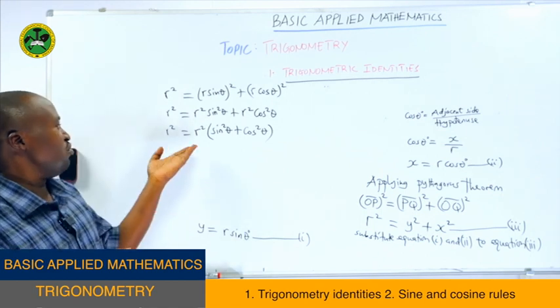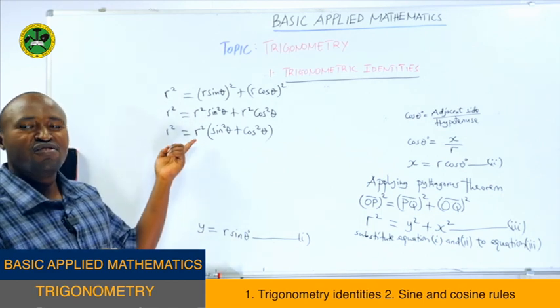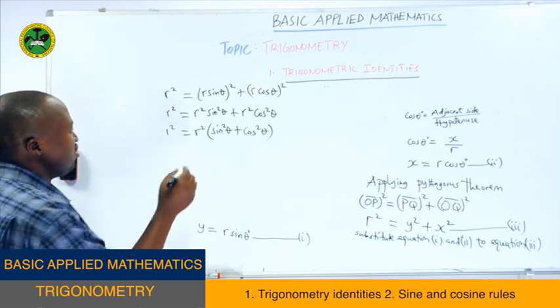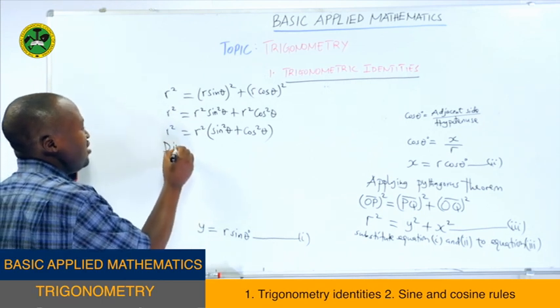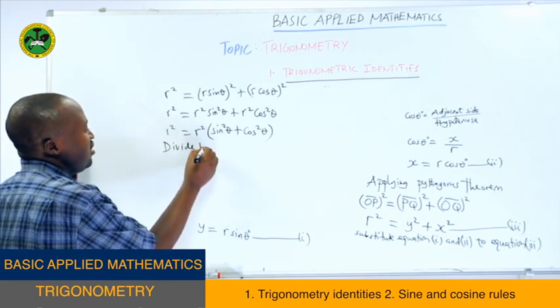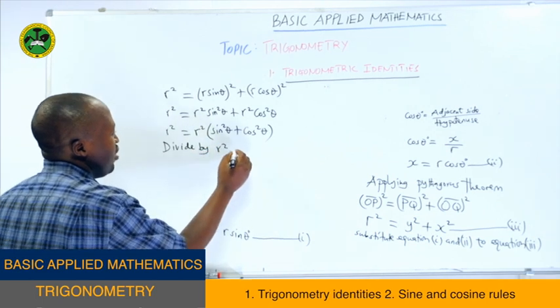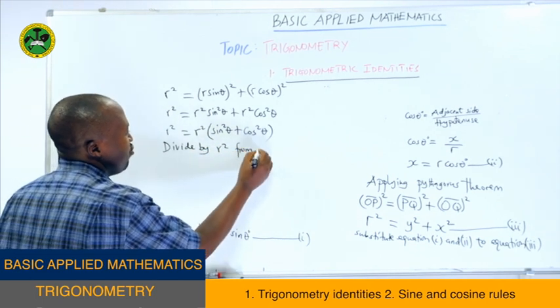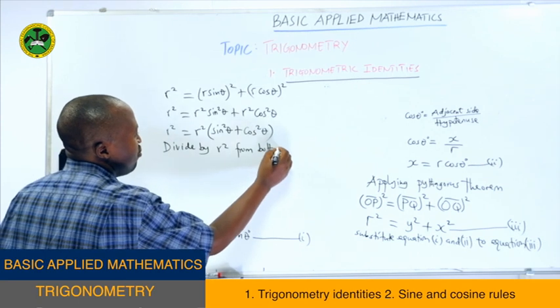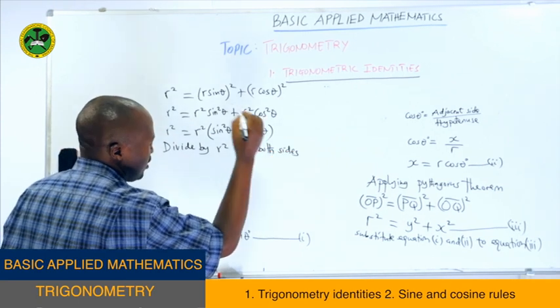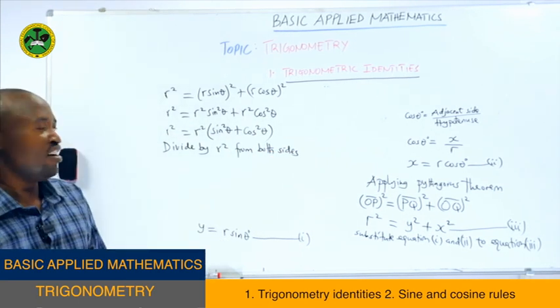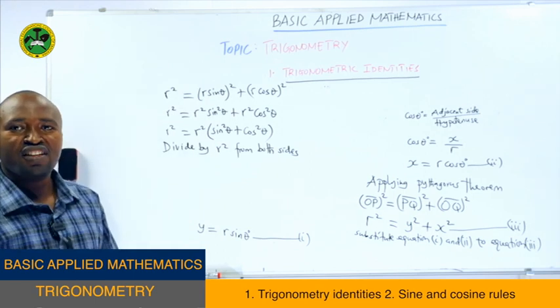Now student, we just divide by r squared from both sides.